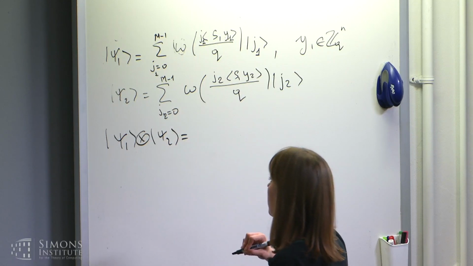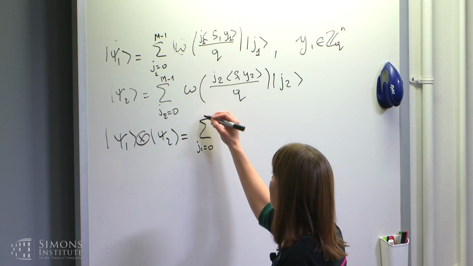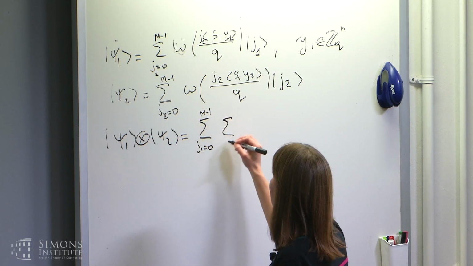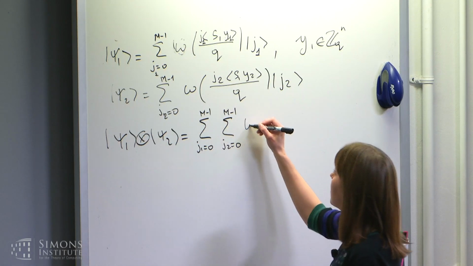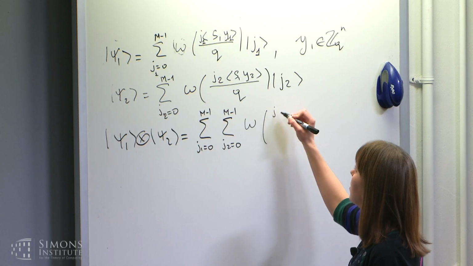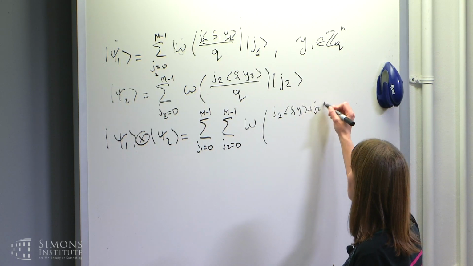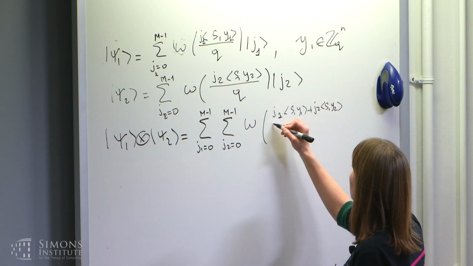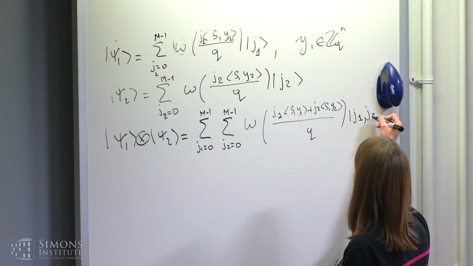So this is how you went from 1 qubit to 2. I'm doing the same. And this is omega of j1 S y1 plus j2 S y2 over Q, j1 comma j2.